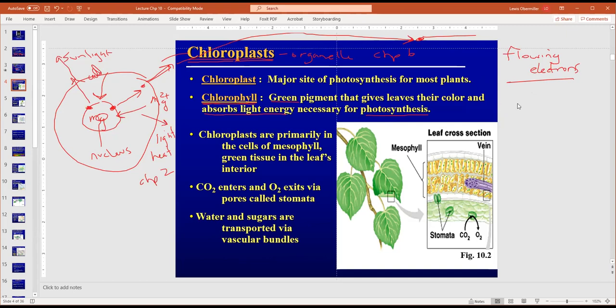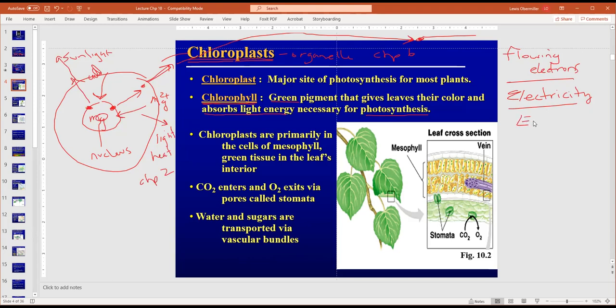What are flowing electrons called? So flowing electrons is called electricity, and you guys know that we can do a lot of things with electricity.